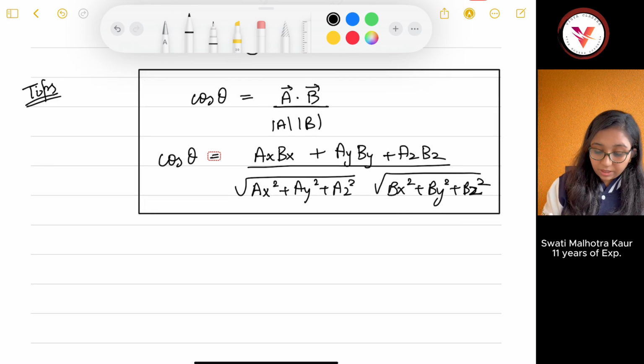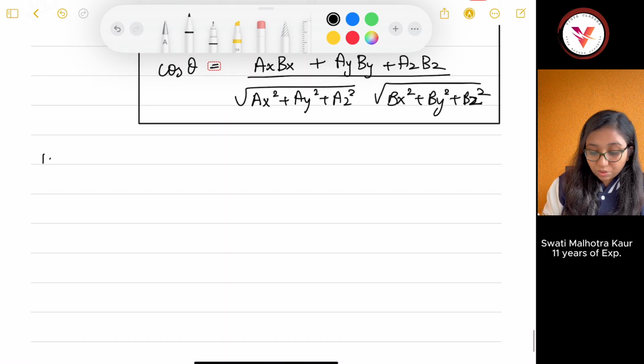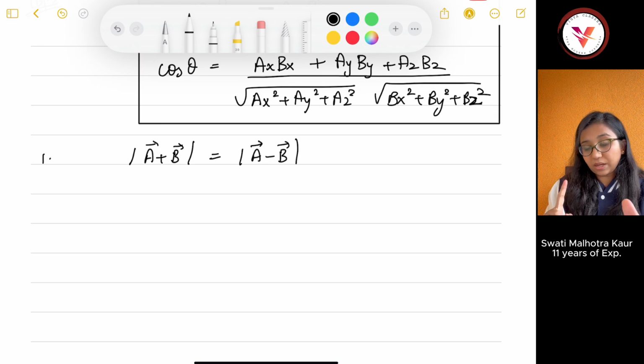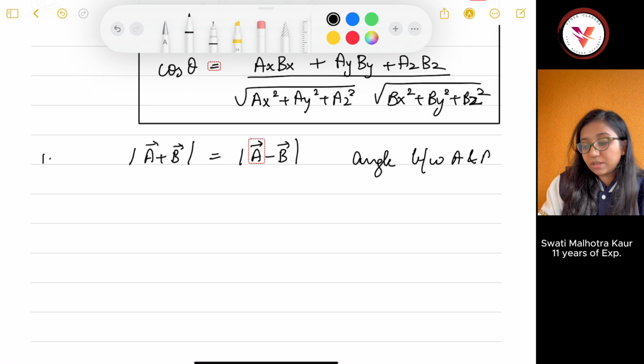Now there is a tip. If the magnitude of a plus b vector is equal to the magnitude of a minus b vector, you have to remember that the angle between a and b is 90 degree.